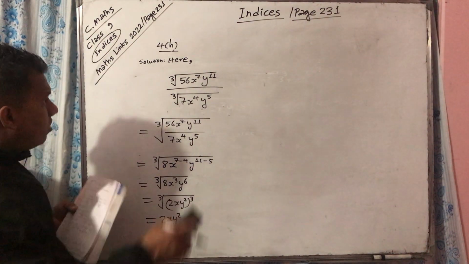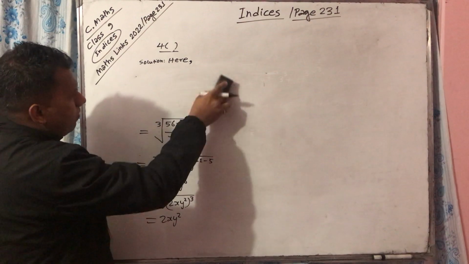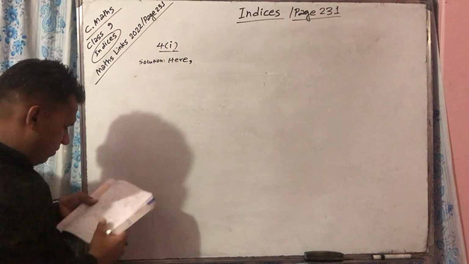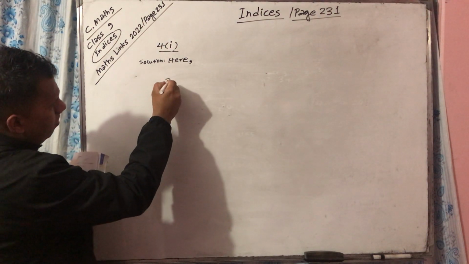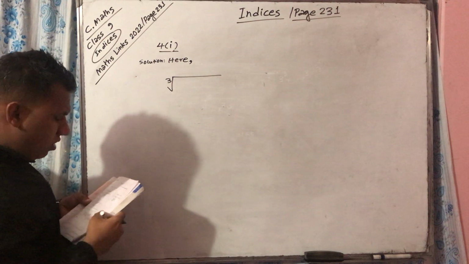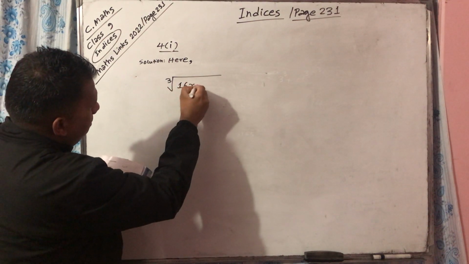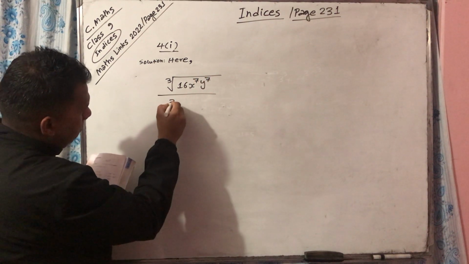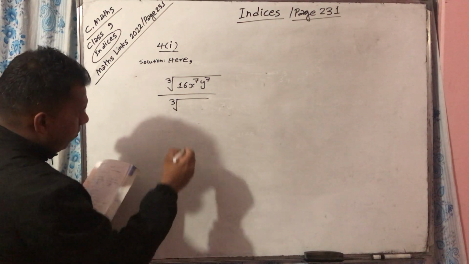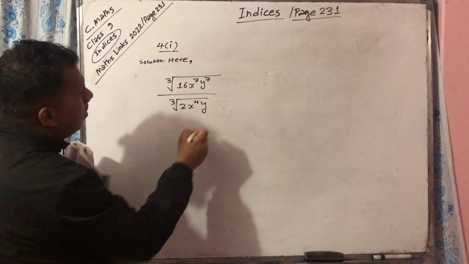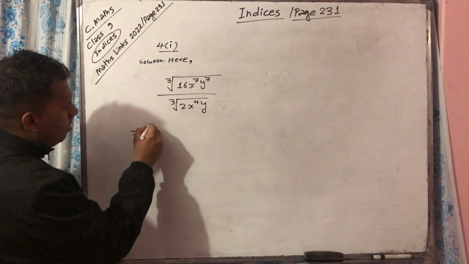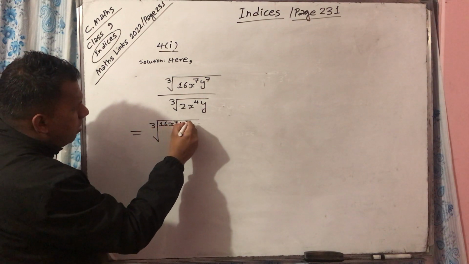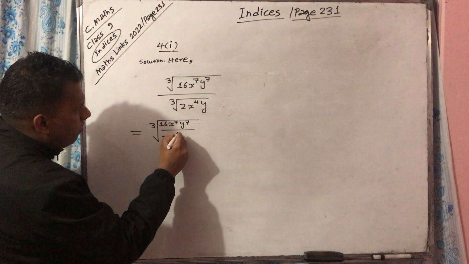Now we go to the next question, 4i. In 4i we have cube root of 16 x to the power 7 y to the power 7 upon cube root of 2 x to the power 4 y. Since the order is the same, put it in a single root. So cube root of 16 x to the power 7 y to the power 7 upon 2 x to the power 4 y.